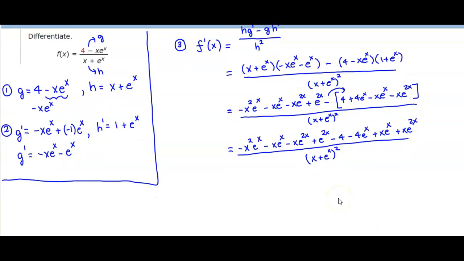So now let's just combine like terms. We only have one term here in the numerator, so that's negative x squared e to the x.